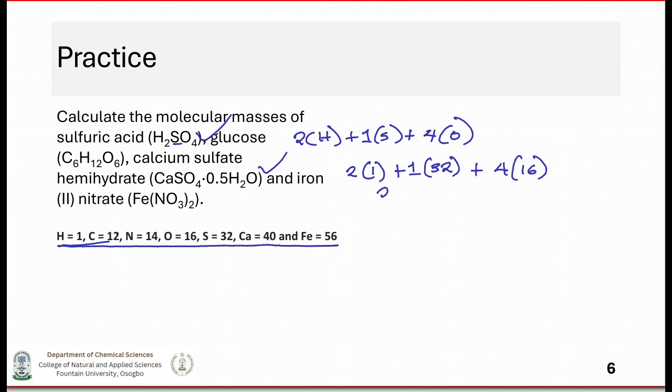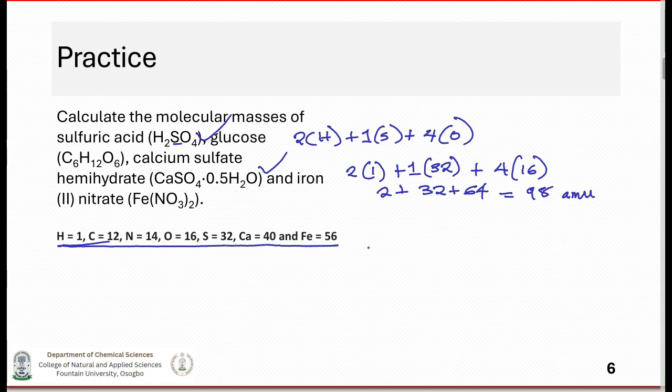So we have 2 plus 32 plus 64, since 16 times 4 is 64. If we add 64 to 32 to 2, we get 98. So our final answer, the formula mass for sulfuric acid, is 98 atomic mass units.